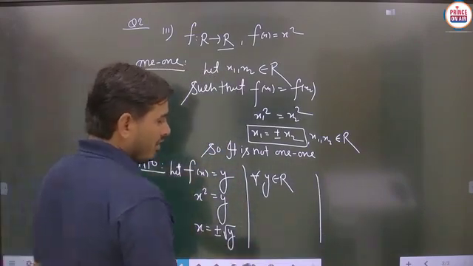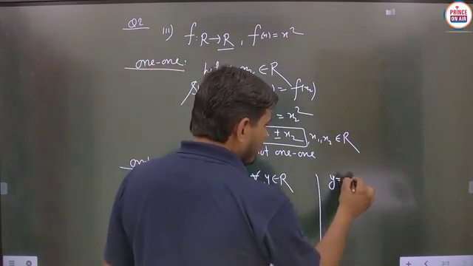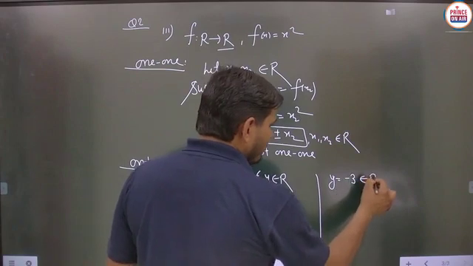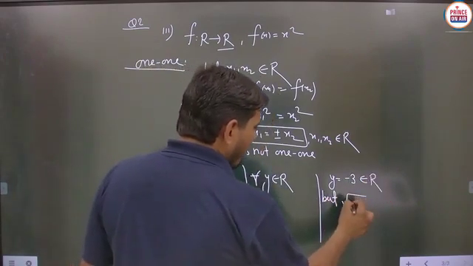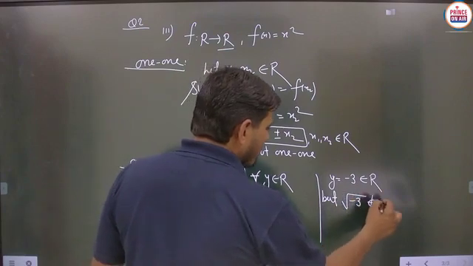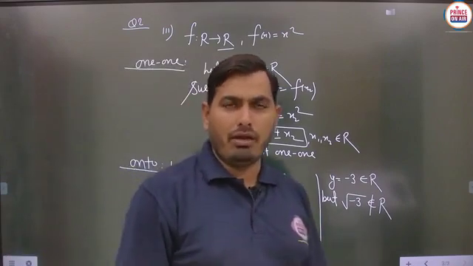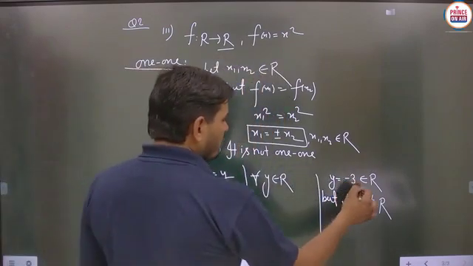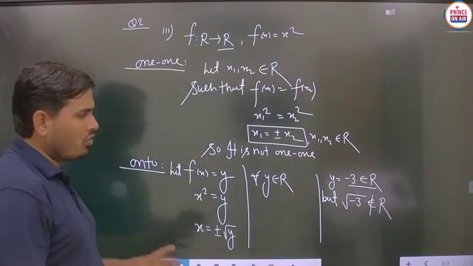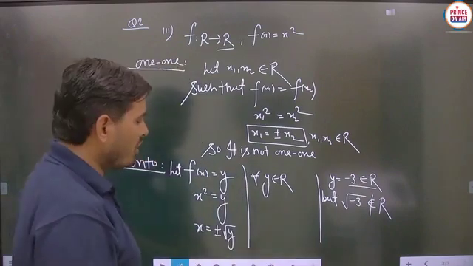So basically, suppose we take y equals minus 3, and that belongs to the real numbers, but the square root of minus 3 does not belong to the set of real numbers, because it is an imaginary number. So y equals minus 3 belongs to the real numbers, meaning we take an element from the codomain and check whether the pre-image exists or not.